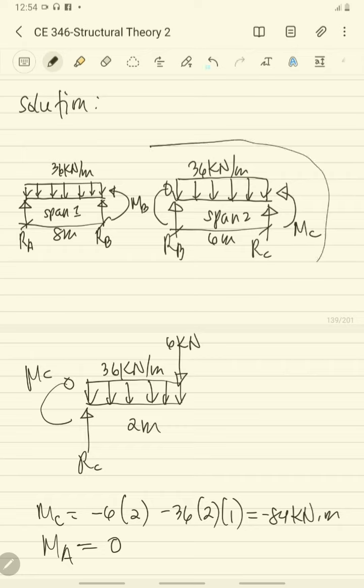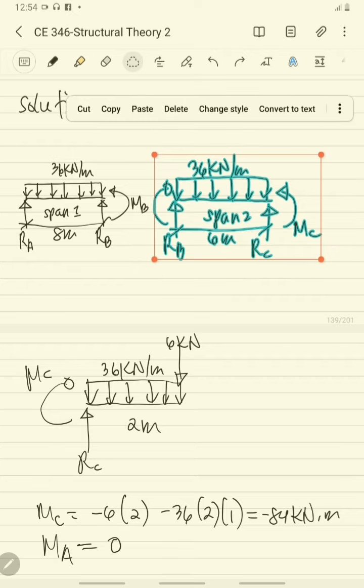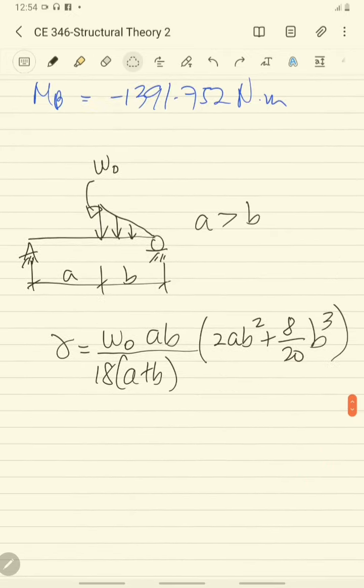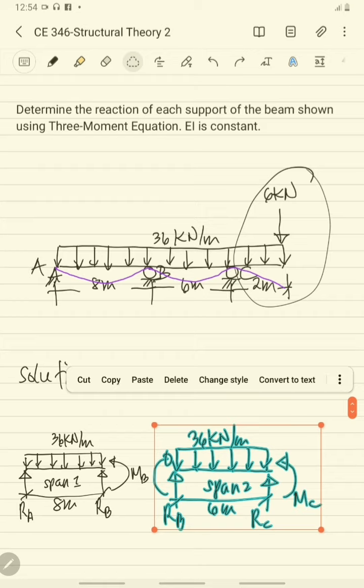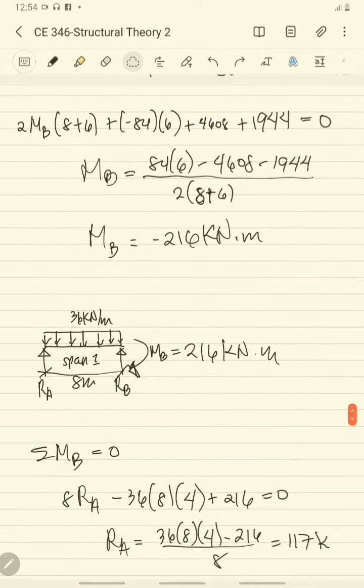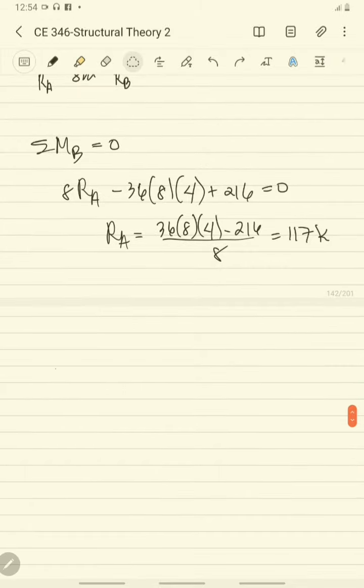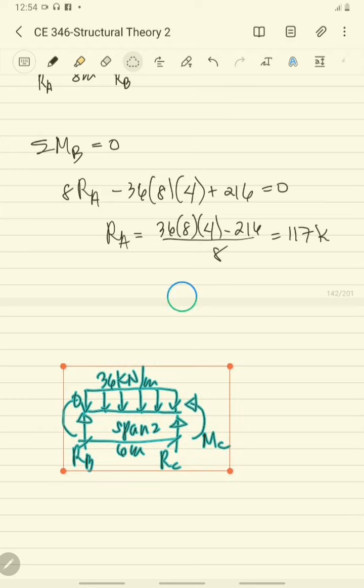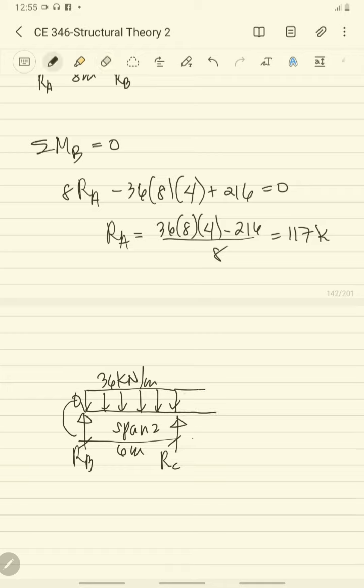This is for the moment left of B. But I have to consider the whole beam right of B. So this is the whole load of the beam.